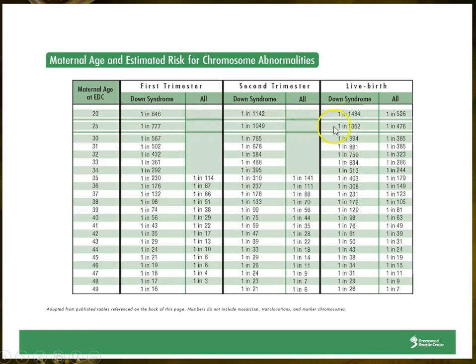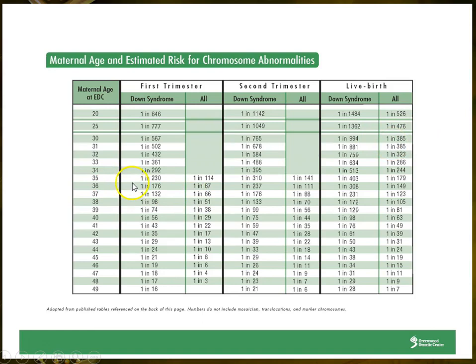The reason this decreases is that only approximately 60% of babies conceived with Down syndrome make it to term. The risk for any chromosomal problem is about 1 in 526. By the age of 30, your risk now increases in the first trimester of having a baby with Down syndrome to 1 in 567, 1 in 765 in the second, by the third, and any chromosomal abnormality 1 in 385.